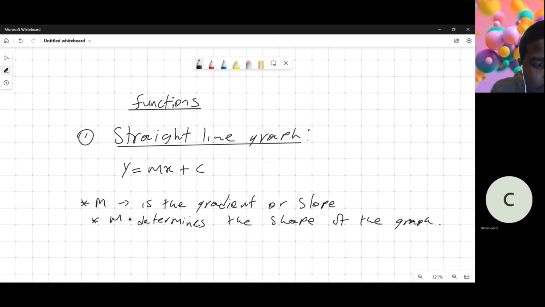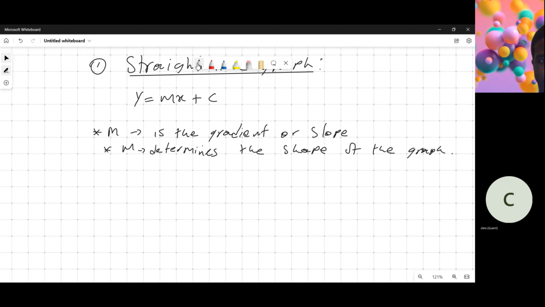As I was saying, m determines the shape of the graph. So if you want to know the shape of the graph, we have to look at the value of m.